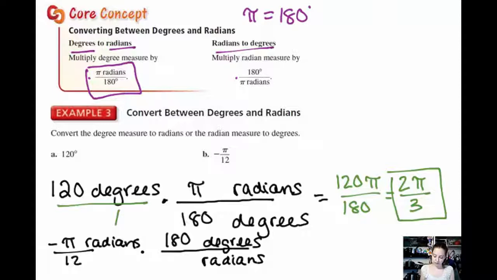It's 180 degrees to pi radians. The pi's divide out, and I have negative 180 over 12, which is negative 15 degrees.